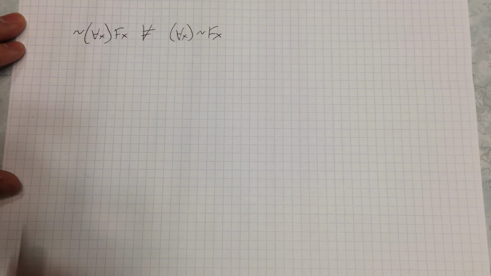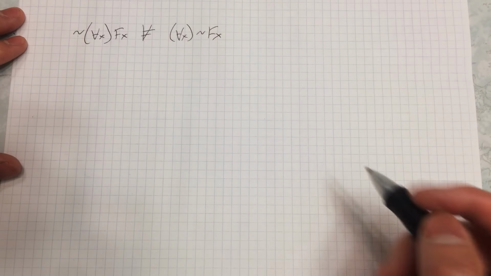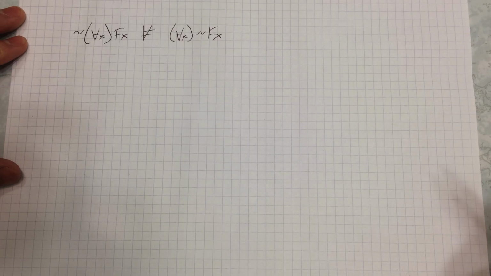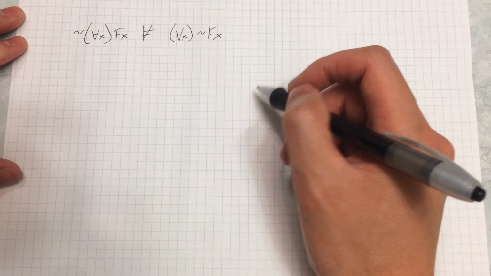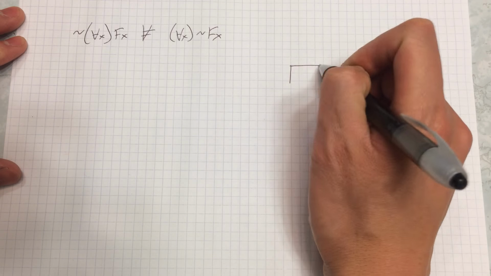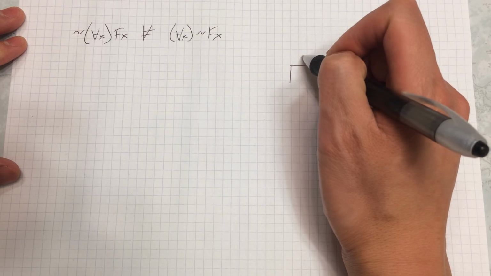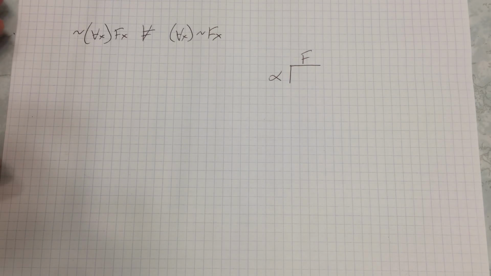So the premise is not everything is f, and the conclusion says everything is not f. So the way we do counterexamples to show that this is invalid is to, of course, build a matrix first, which if we do this first, it's a little bit easier because it's visual. Building the interpretation first is a little bit more complicated.